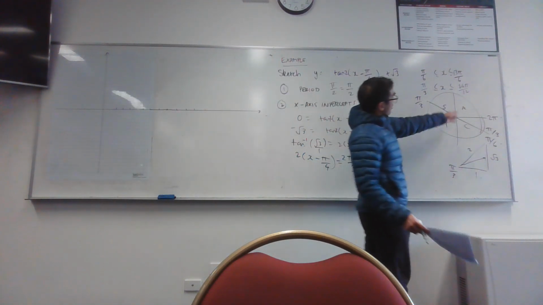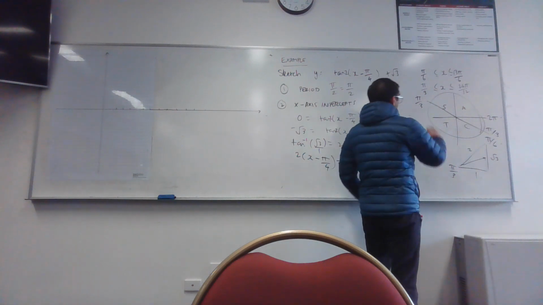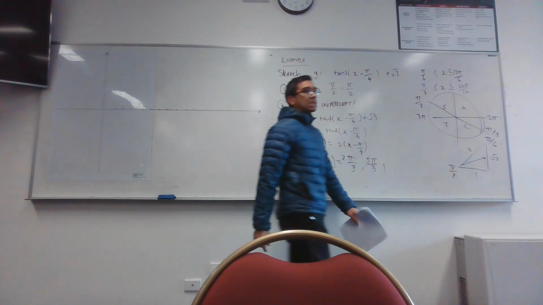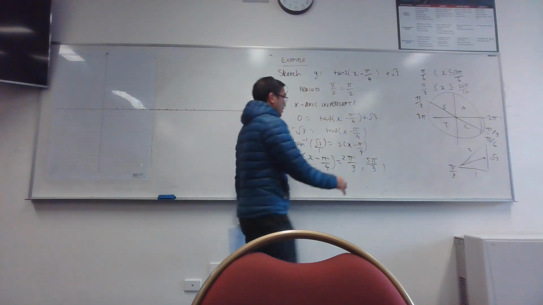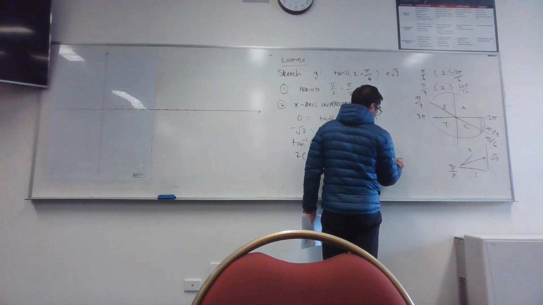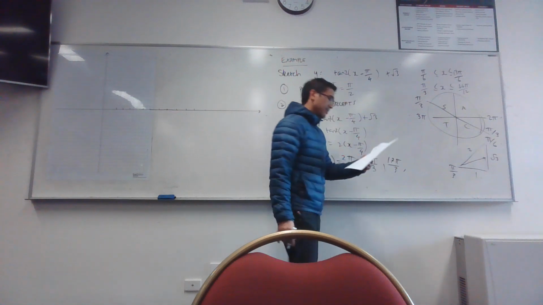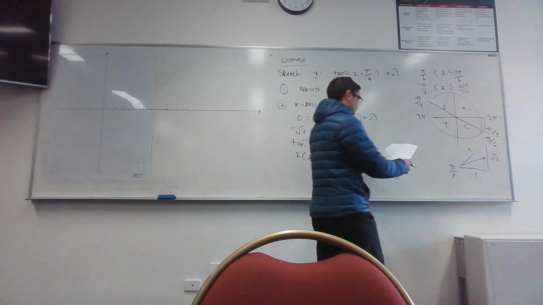If I go the second time round, what's this? If this is now 3 pi, we go 3 pi back. 18 pi on 3. 17 pi on 3. I hope I'm right. I'm wrong.